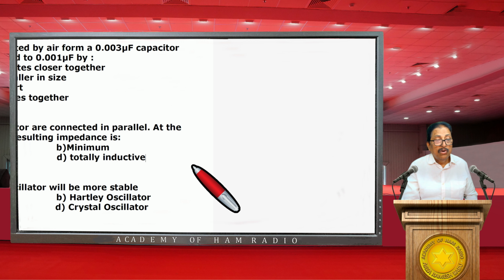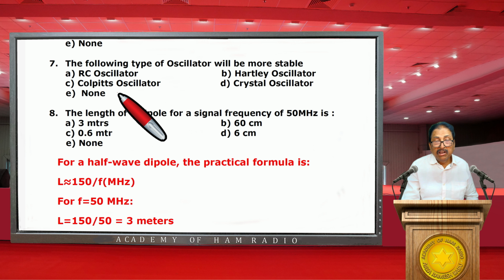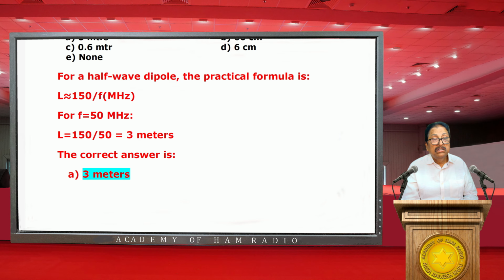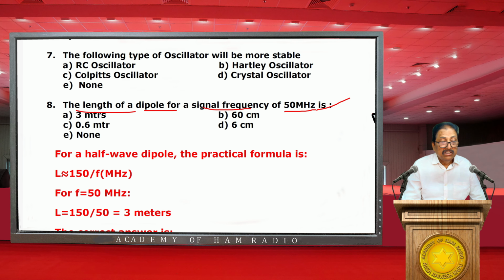Now, the following type of oscillator will be more stable: that is the crystal oscillator. Almost it is stable. There won't be any drift in the frequency. The length of a dipole for a signal frequency of 50 megahertz is 3 meters.